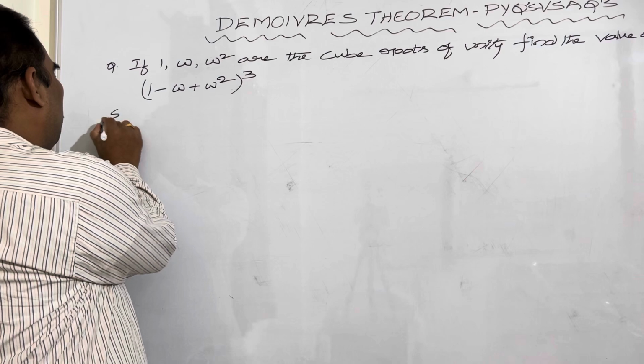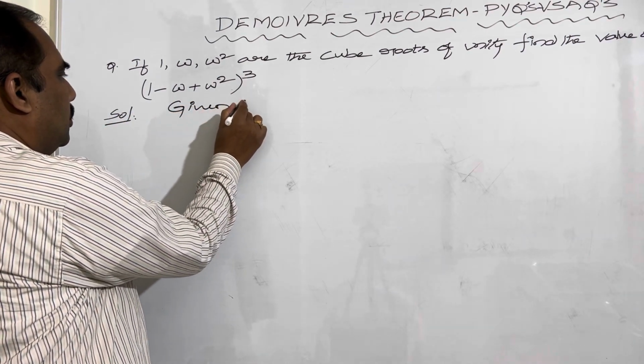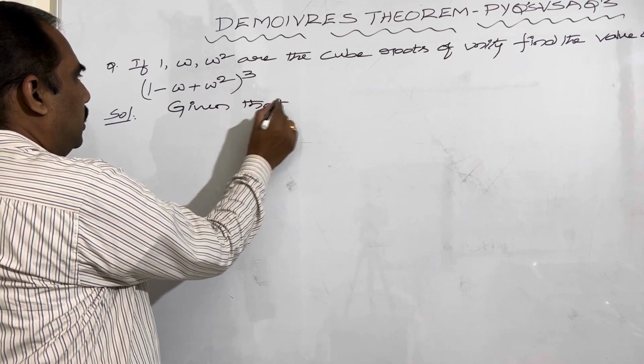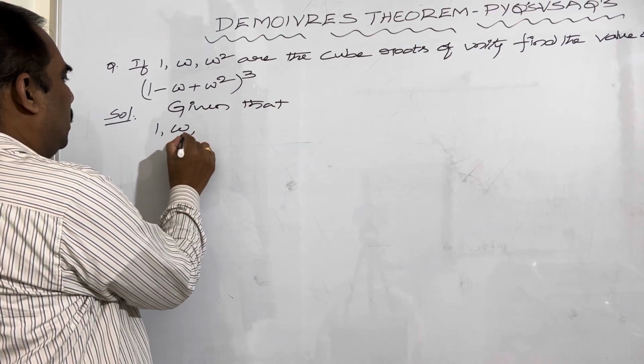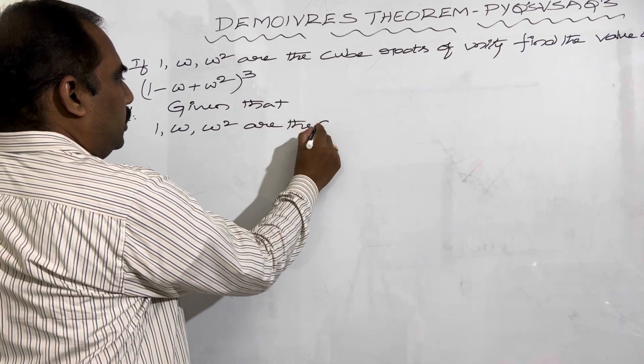So here in the solution, given that 1, omega, omega square are the cube roots of unity.